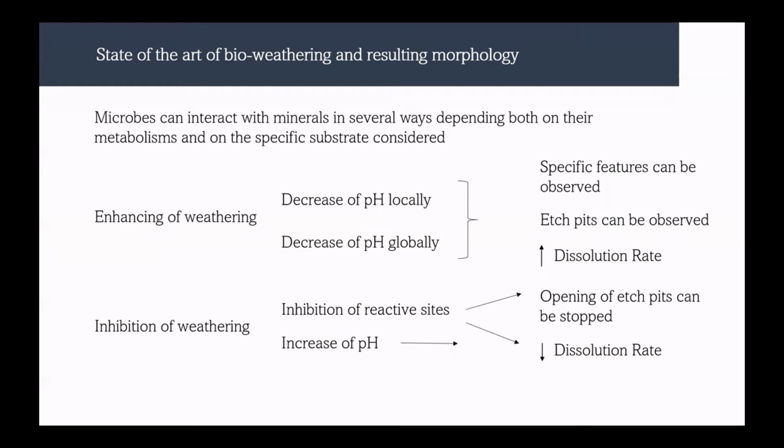On the other hand, we can have inhibition of weathering. How? Through inhibition of reactive sites. So basically, if we have the presence of bacteria on the surface, they will somehow cover the surface. And so by covering the reactive sites, maybe they could inhibit the formation of etch pits, or in general limit the dissolution. Or for some bacteria, we could have an increase of pH.